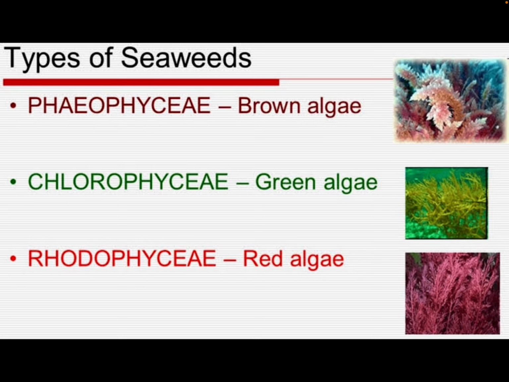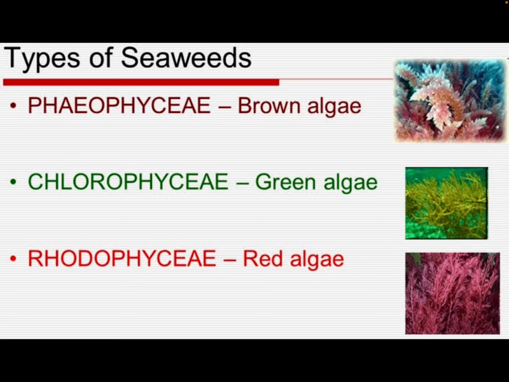Now their body is usually differentiated like a holdfast, stipe, and frond. Now here frond is the leaf-like photosynthetic organ, and holdfast is the part which is attached to the substratum, and it has a stalk called stipe.